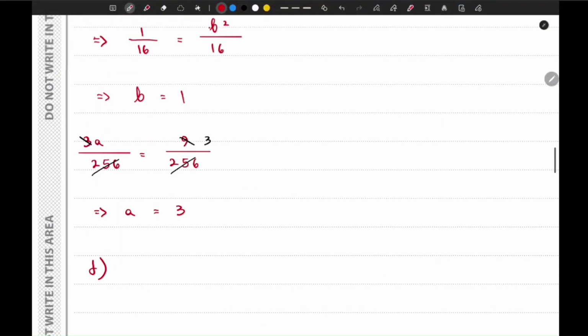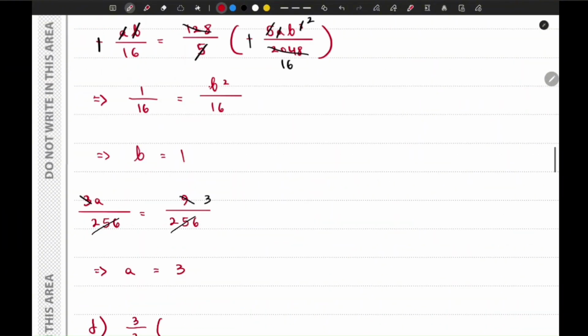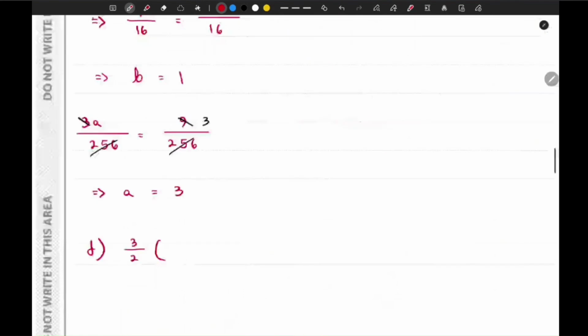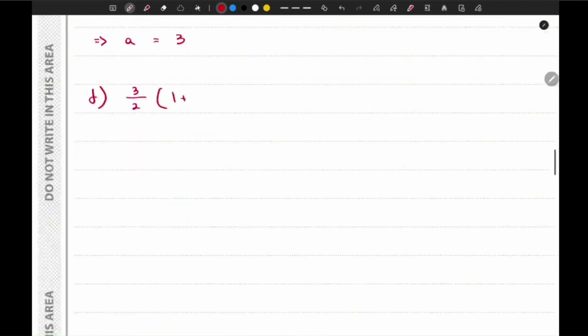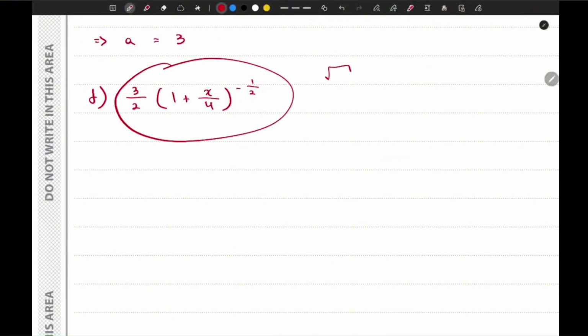The expression was 3 over 2 times 1 plus bx divided by 4. 1 plus the value of b is 1, so that's x divided by 4 to the power negative half. So this is the expression.